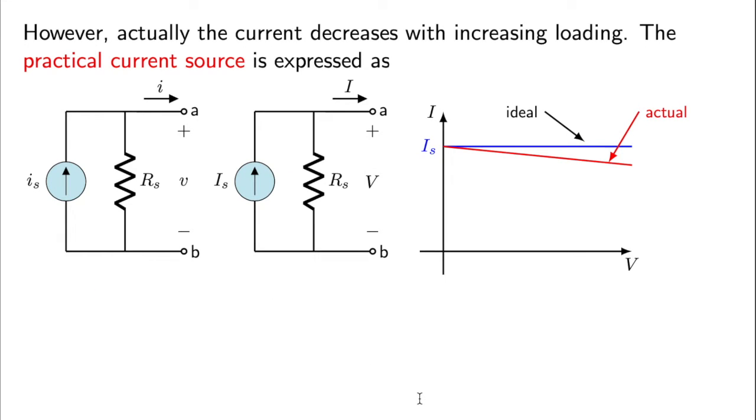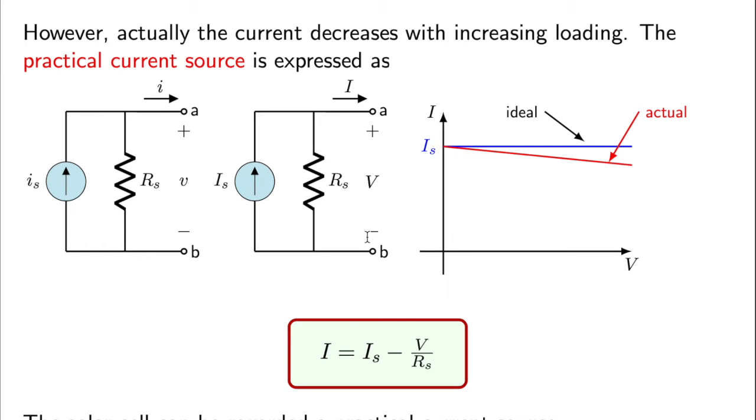Similar to this practical voltage source, there is an analogous practical current source. It is also not able to maintain the current level with the change in the voltage level. As the voltage level increases, there is a decrease in the current. To represent this, there is a mathematical relation I equals Is minus V upon Rs.